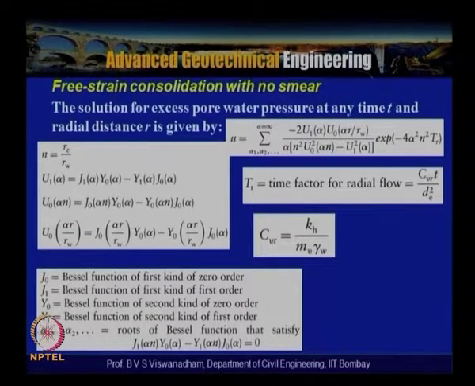So, by adopting these boundary conditions, the solution for the excess pore water pressure at any time t and radial distance r is given by u with a summation alpha 1, alpha 2 and so on to alpha infinity, minus 2 U1 alpha n, U0 alpha n r by rw, divided by alpha n square U0 square alpha n minus U1 square alpha n, exponential of minus 4 alpha square n square Tr.